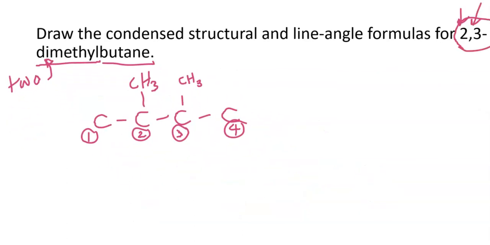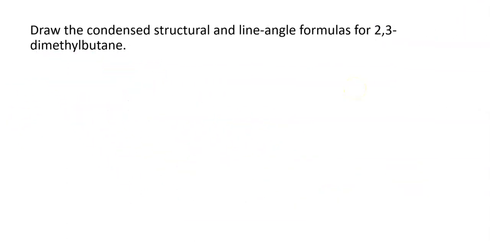Let me go back to the normal screen. It erased, so let me draw it again. I numbered it like this. Okay, this is how it looked. Now I have this condensed structural formula, but I still have to do one more thing.